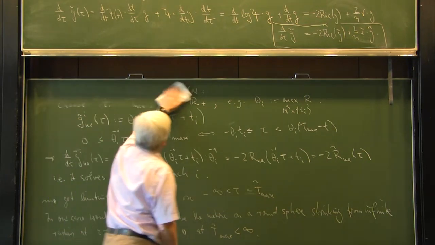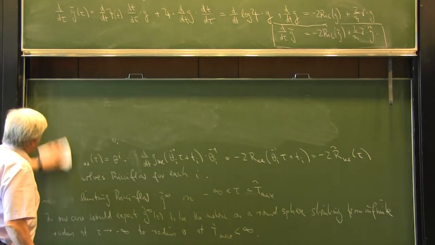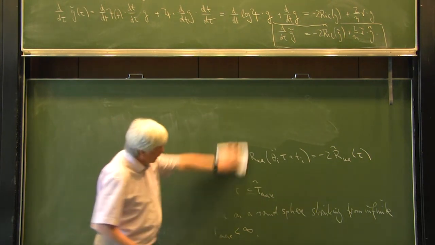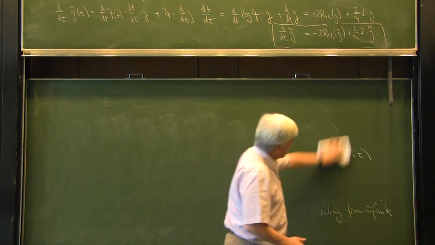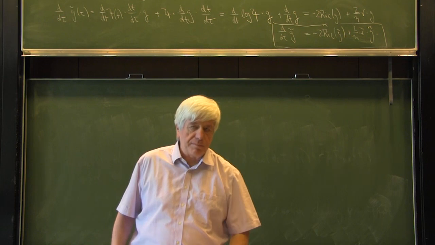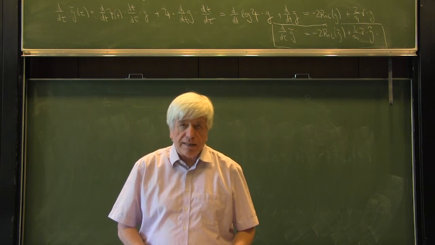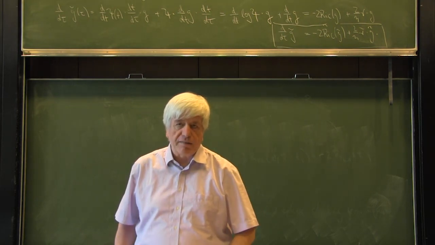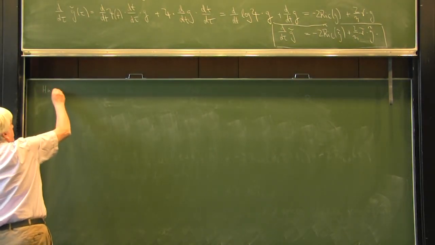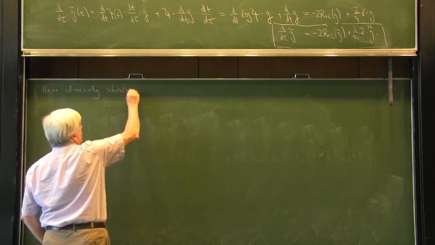Now, what did we prove already? Since we are at each time rescaling the metric by a fixed factor, anything that we have already proved that is scaling invariant will survive to the new metric. So, I have already shown the following.